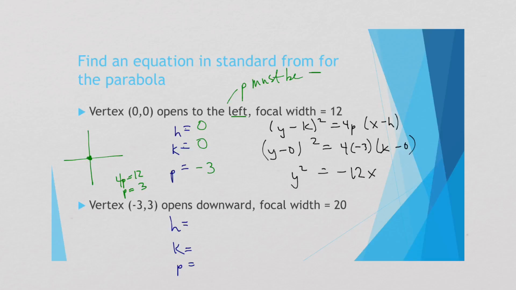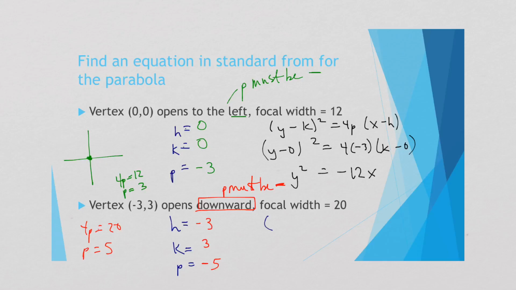Bottom one, once again they're giving me the information. H is negative 3, k is positive 3, opens down. Down and left are negative, so p must be negative. Well, my width, 4p, equals 20, so I get p equals 5, had to be negative, so now I got a negative 5. Go back and plug them in.